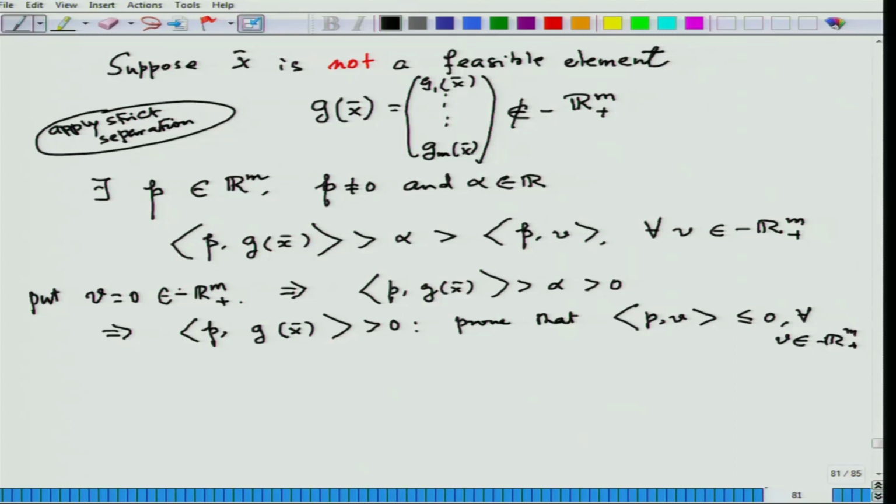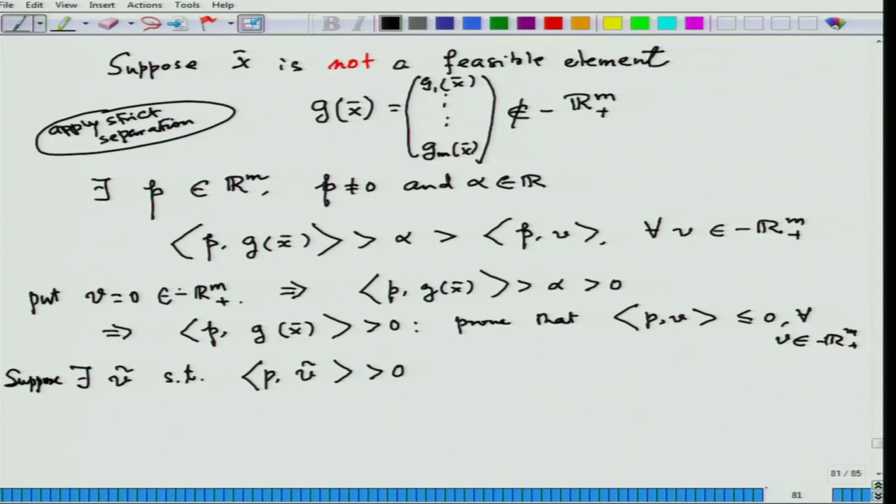Now, suppose there exists v tilde such that P of v tilde is strictly bigger than 0.